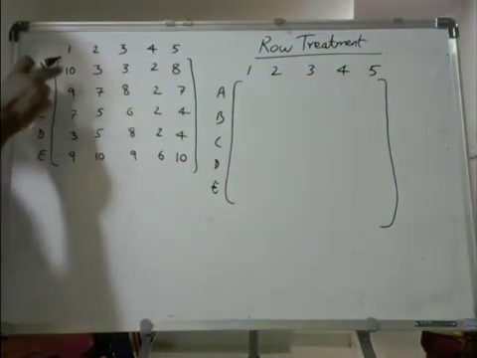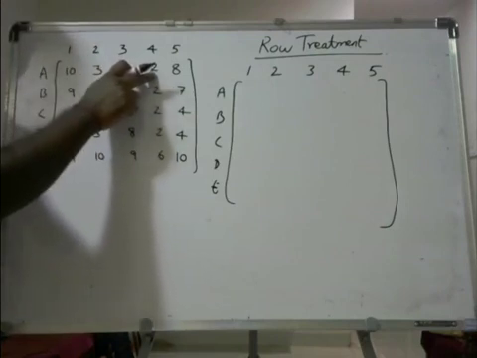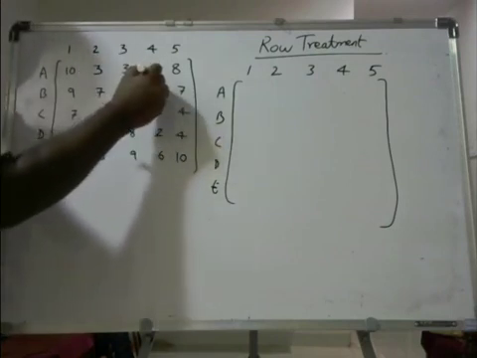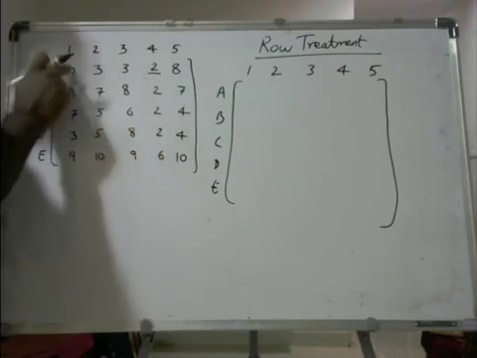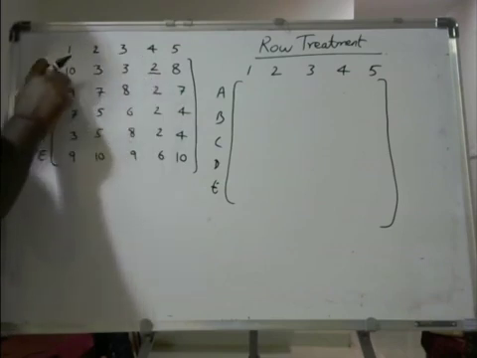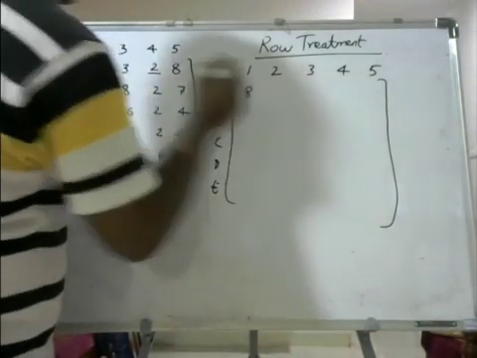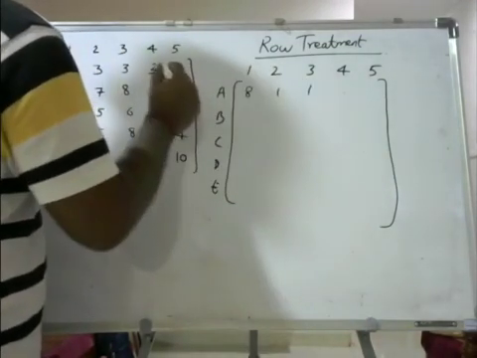Here in the first row, the minimum element is 2. So we subtract 2 from all the elements. 10 minus 2 is 8, 3 minus 2 is 1, similarly 1, and 2 minus 2 is 0.